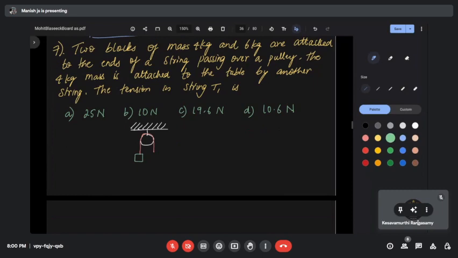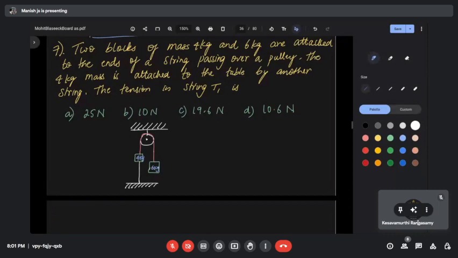There are two blocks that are attached: the first block is 4 kg, the second block is 6 kg. So like this, they have given you the blocks. And the 4 kg block is also tied to the ground like this.